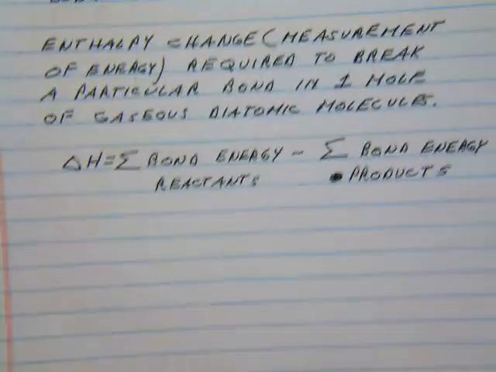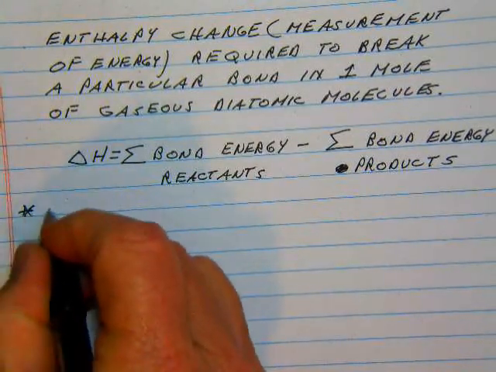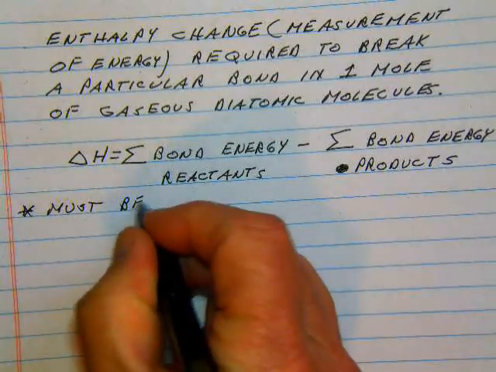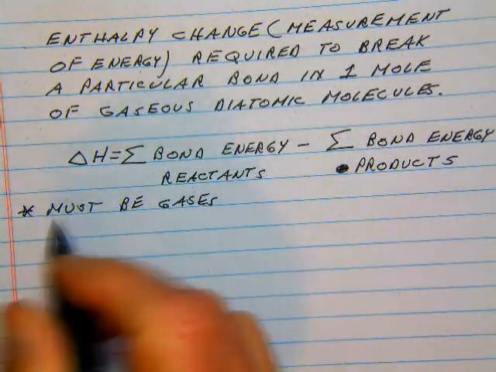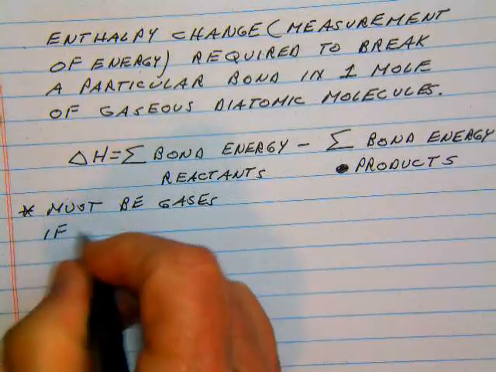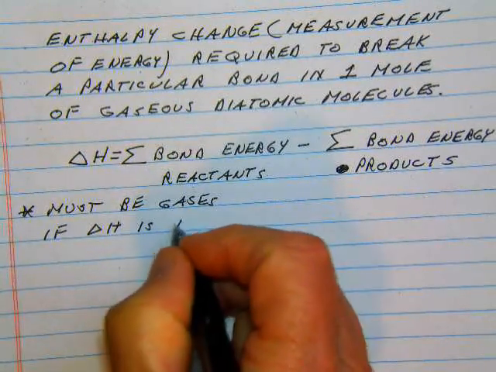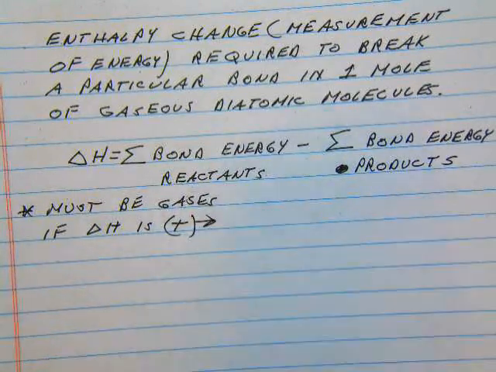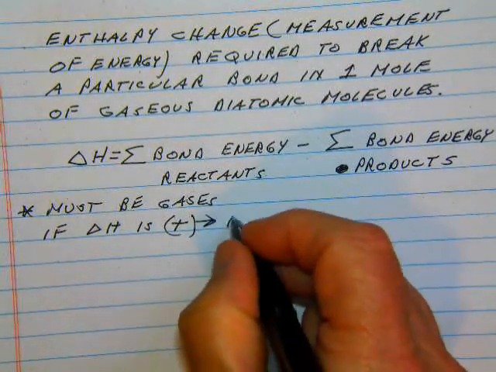Now, a couple of things we need to remember here: these must be gases. So what we're working with are gases. And also, if delta H is positive, then it's an endothermic reaction.